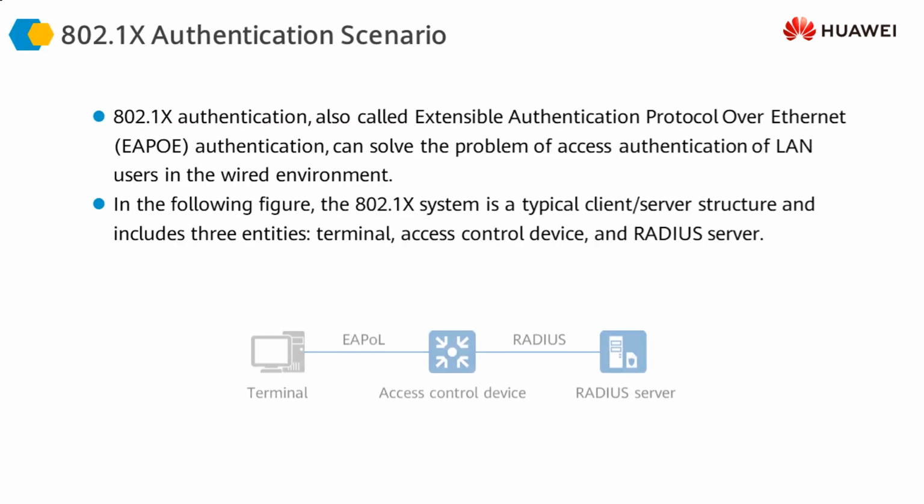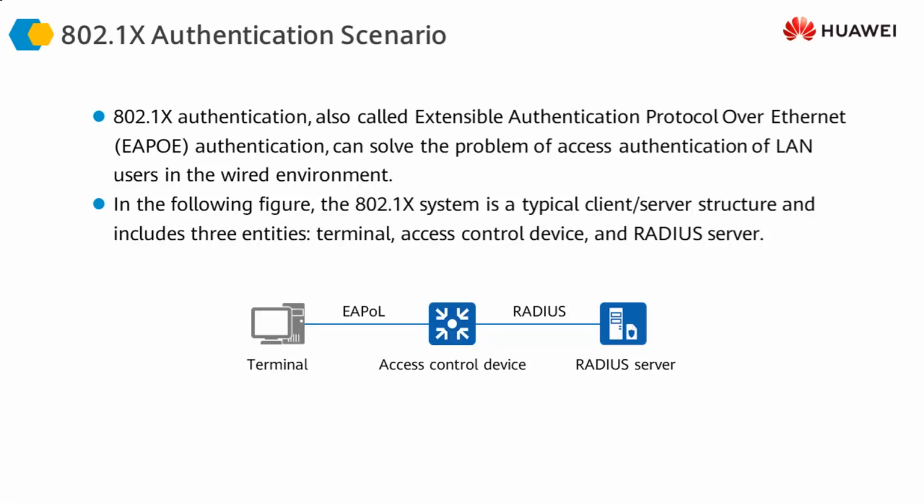The typical 802.1x authentication scenario involves a terminal, an access control device, and a RADIUS server. The concept is fairly simple: whenever a terminal tries to access a network through an access control device, the access control device stops the user access and consults the RADIUS server for authentication.